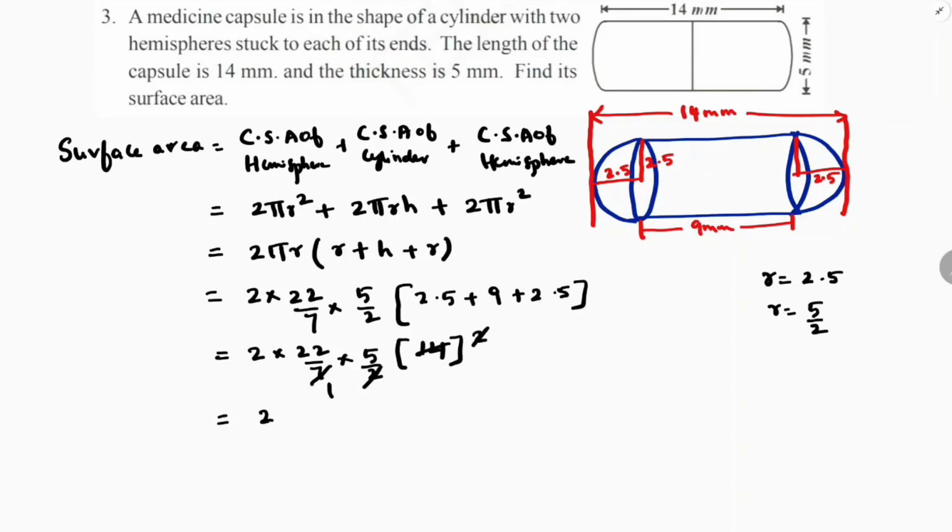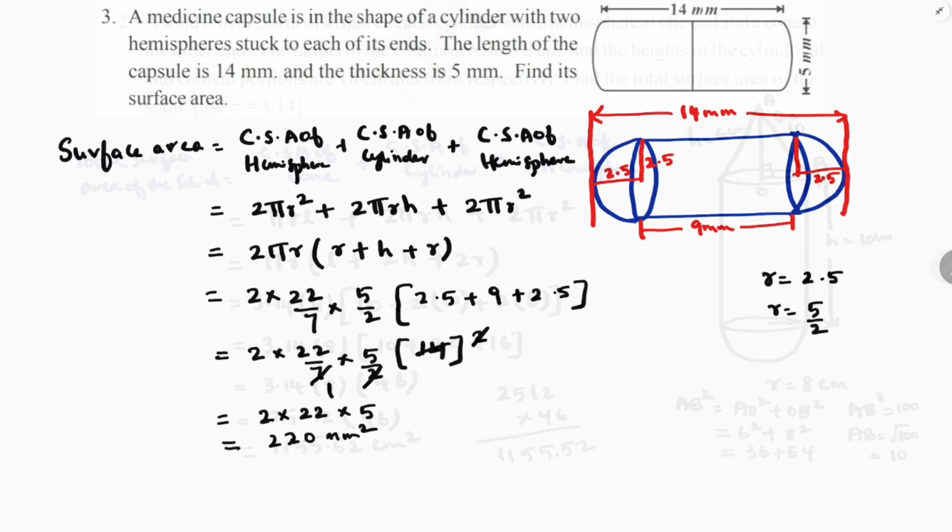So 2 into 22 into 5, clearly 5 into 2, 10. So we are getting 220 millimeter square. So surface area of the capsule is 220 millimeter square.